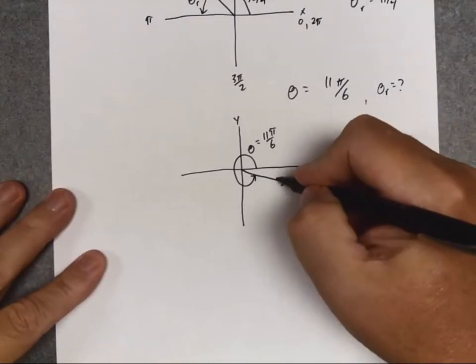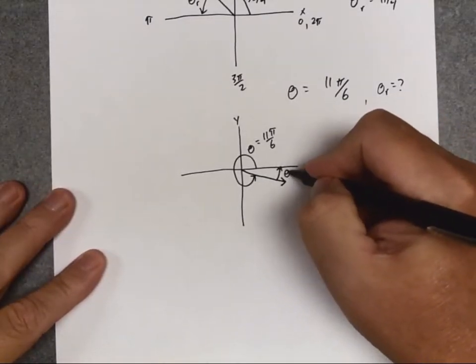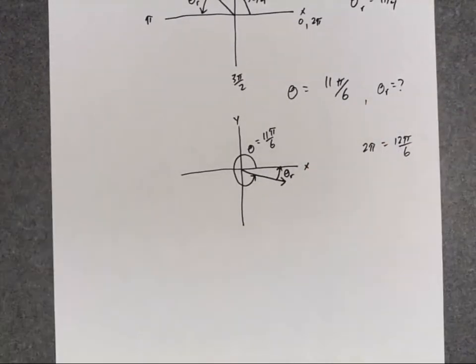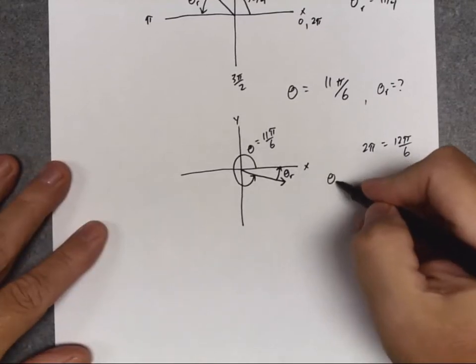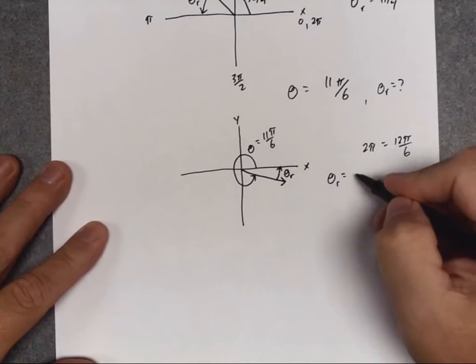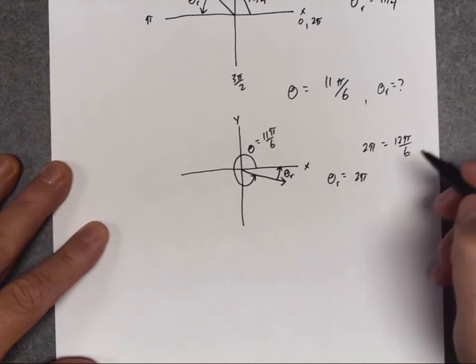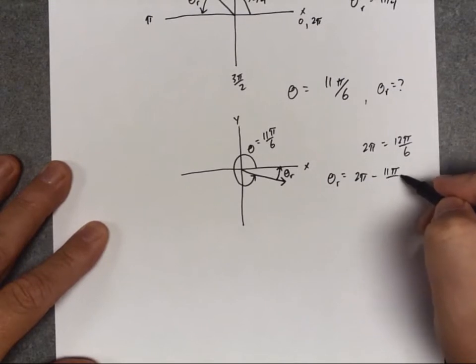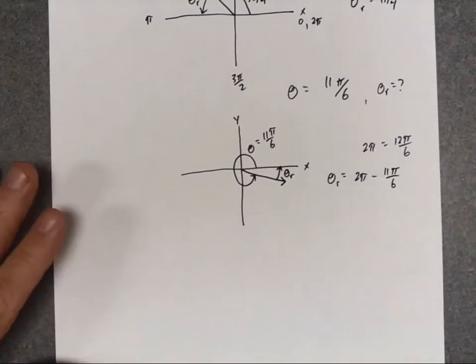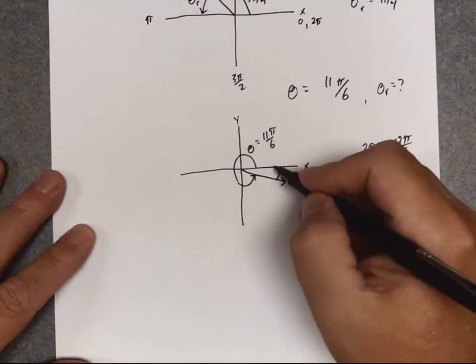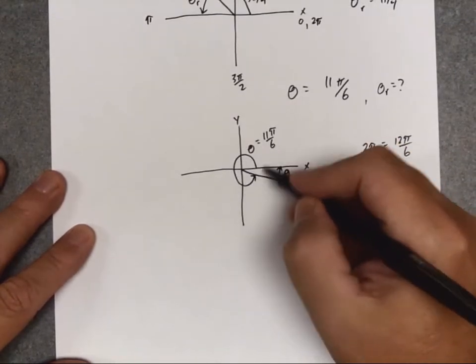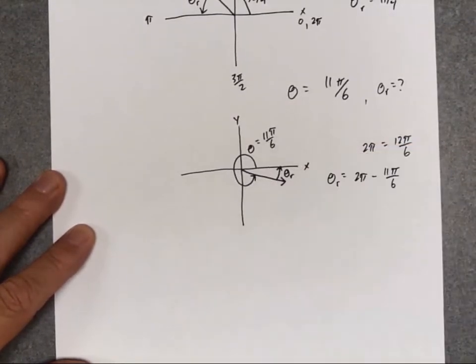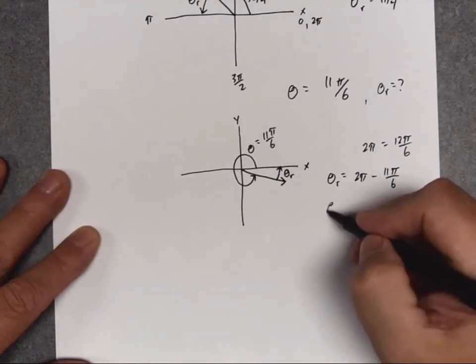So what's my reference angle? It's that right there. Mathematically, I would say my reference angle should be 2 pi minus 11π/6, right? 2 pi is one trip around the circle, and I subtract out the 11π/6, and that should leave my reference angle.